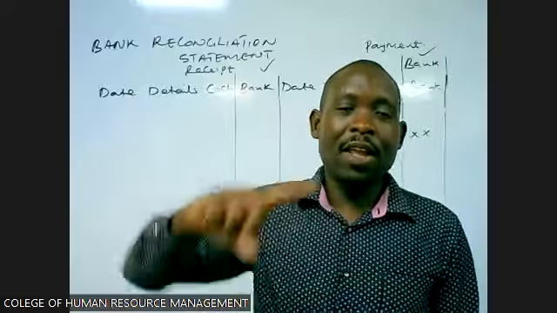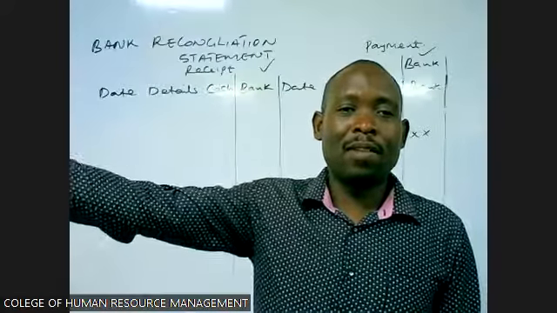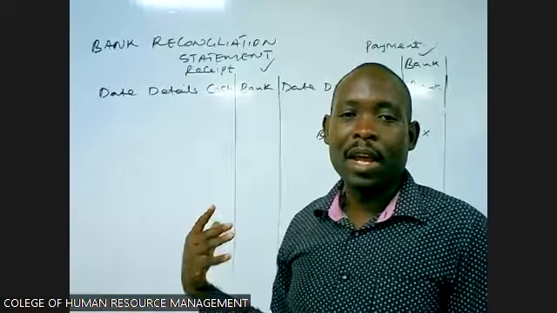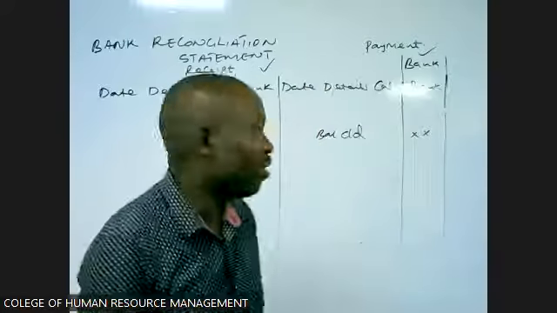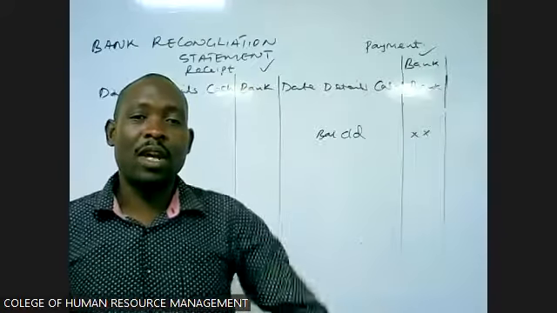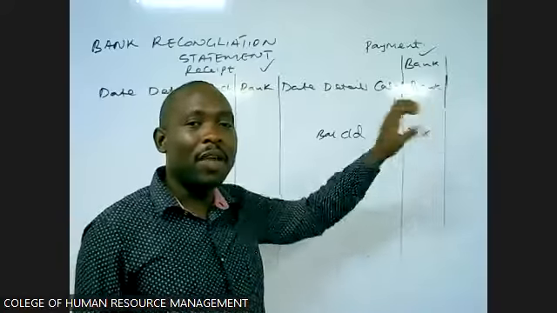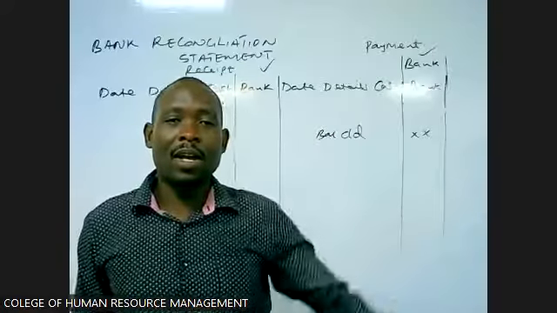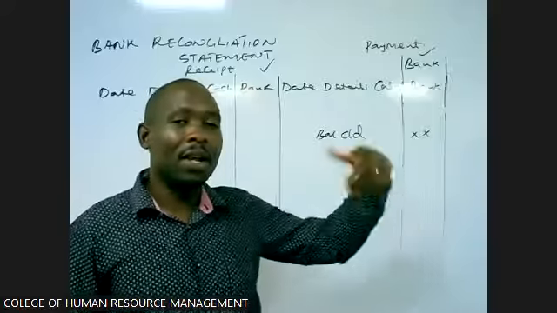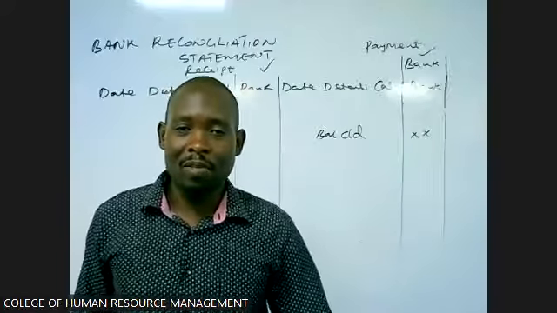At the end of the day, the bank will be preparing a bank statement, or a bank statement will be generated. And here we have prepared a cash book. All the checks that we have received, we have taken them to the bank so they should reflect in our bank statement. All the checks that we have paid, they have been taken by our creditors or suppliers to the bank, so money has been transferred from our account, so that particular transaction is in the bank statement as well.